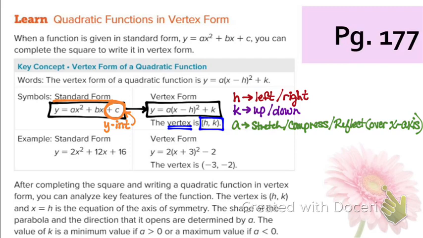One last thing I want to point out. The A value in my vertex form is the exact same number as the A value in my standard form. These are going to be the same.